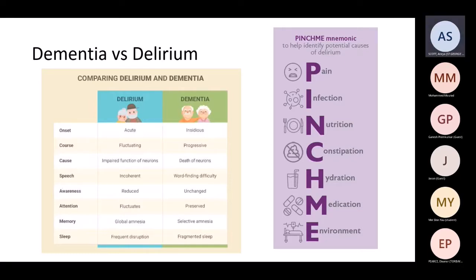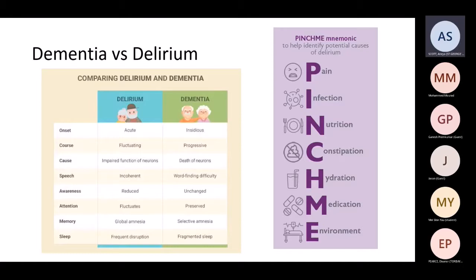It's got this fluctuating course where sometimes you'll speak to them and they'll seem quite coherent, seem to understand everything, and then they'll deteriorate and then improve again, whereas dementia is a progressive decline.